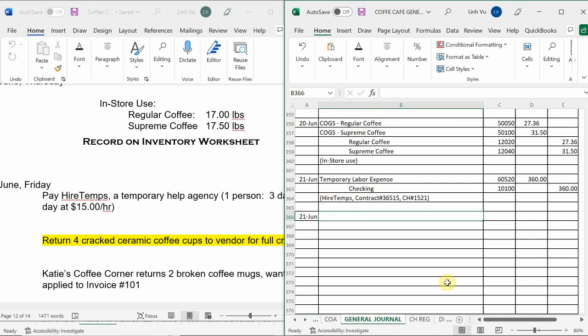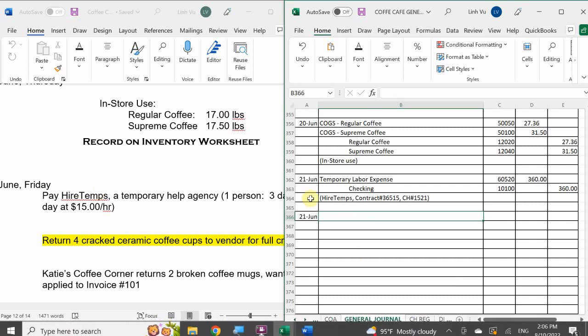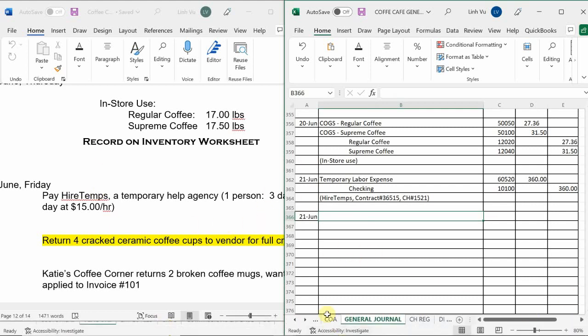So when we received our ceramic coffee mugs, we initially journalized them as what? They were under purchase expense. Correct. They were under purchase expense. So what can I use to represent that I am getting a refund for 4 of those ceramic coffee mugs?